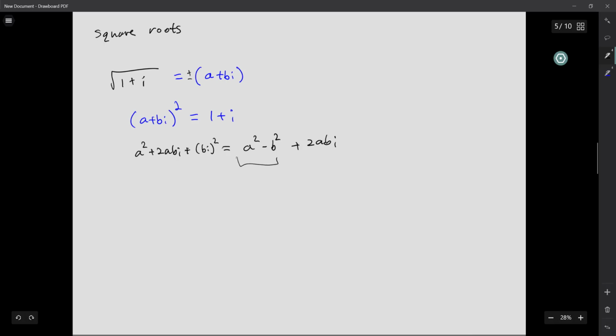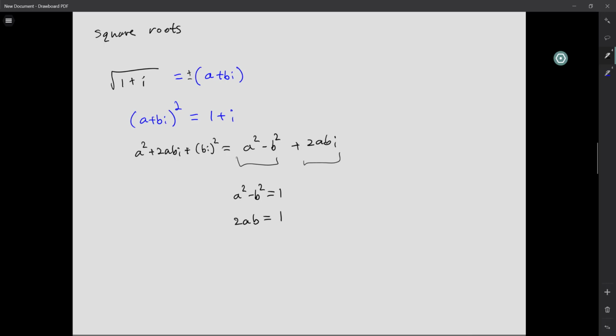This is my standard form to work with. So what this is saying is that a squared minus b squared is equal to 1, and 2ab is equal to 1. This is a system of equations that I would have to solve in order to find the square root of 1 plus i.